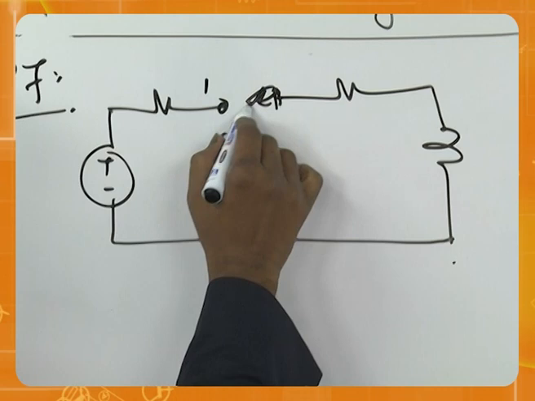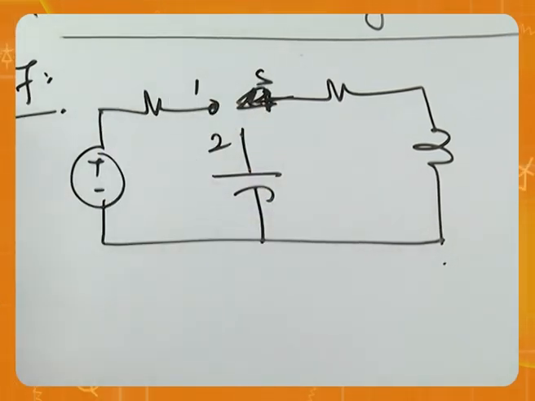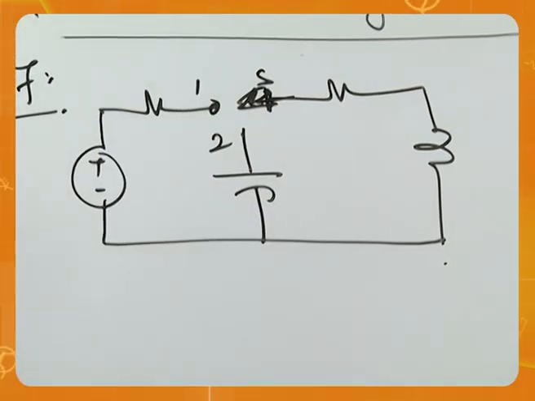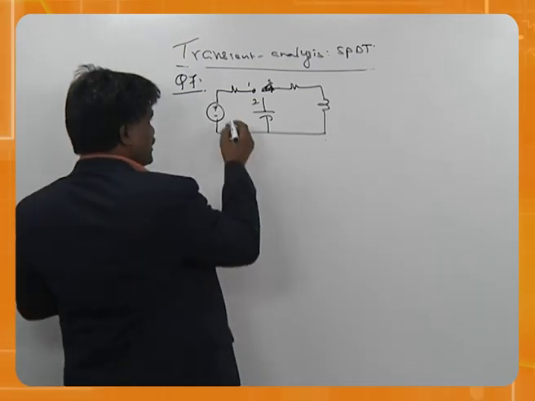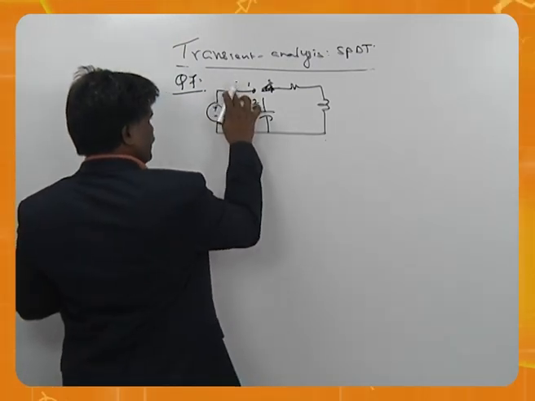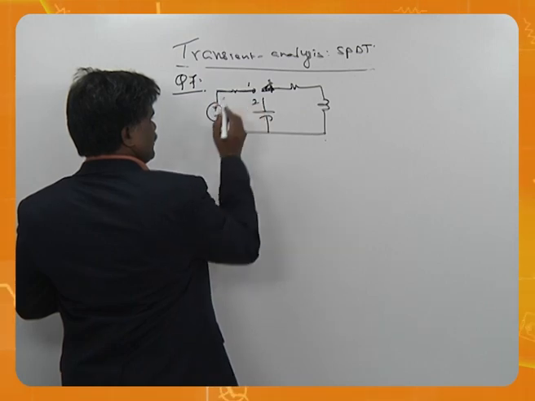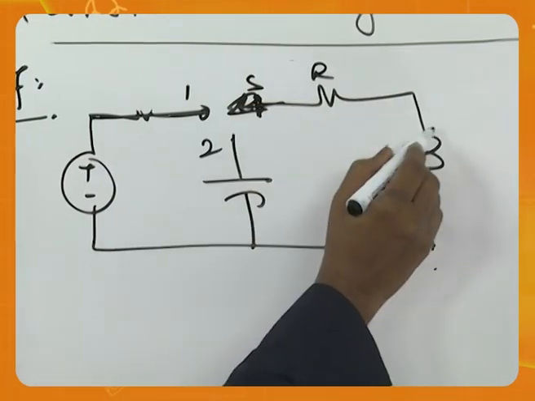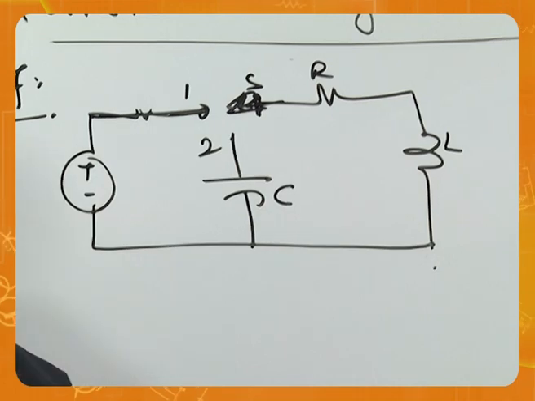Please be very clear about where the switch is. So here there is no resistor. Only resistor here, R here, capacitor here.